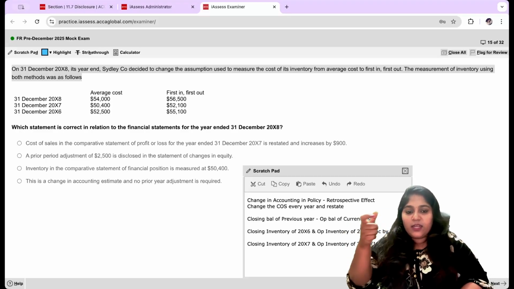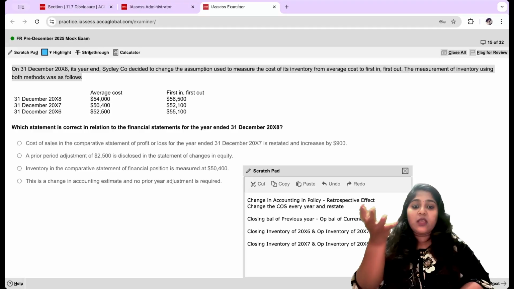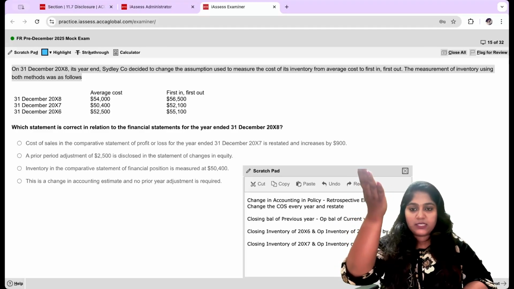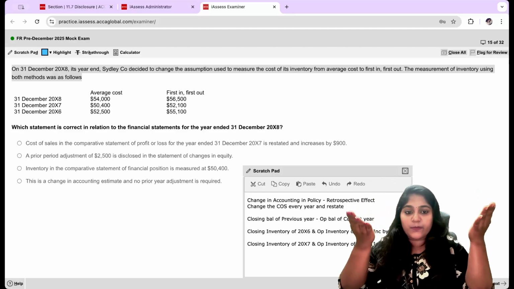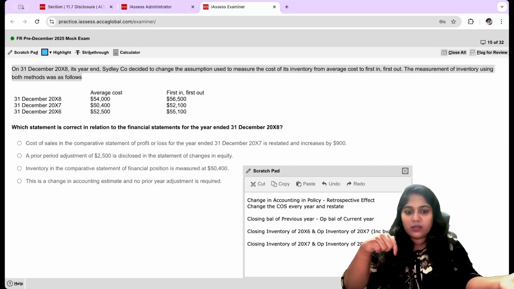If you take the year ending 31st December X7, your cost of sales should increase by 2,600, because the opening inventory of 20X7 is increased by 2,600. If opening inventory increases, cost of sales will also increase. But if closing inventory increases, cost of sales will reduce.